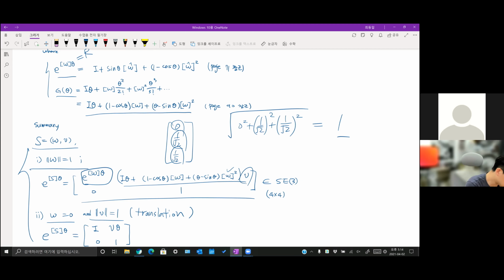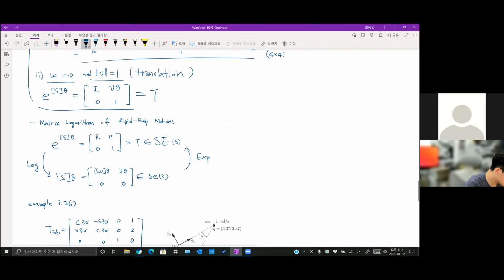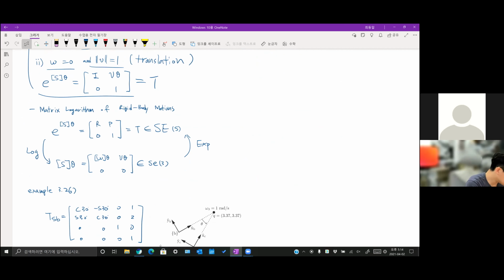We can use this equation, and there is also the pure rotation case. In this case, we can simply calculate the homogeneous transformation T matrix using this equation. This logarithm and exponential relationship is also valid in this case.